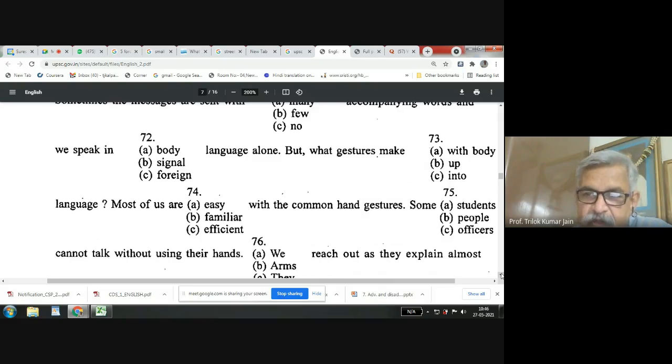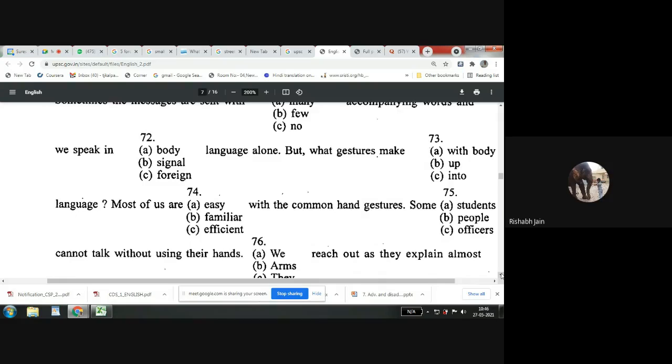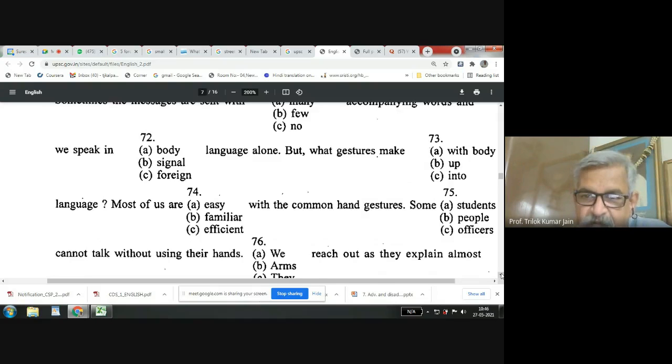Make up would be better. B, make up body language. Most of us are familiar. B is the answer, right? B, familiar with the common hand gestures.